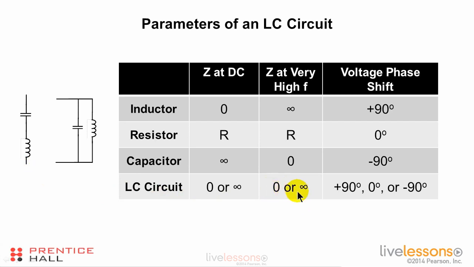The impedance at very high frequencies is either 0 or infinity, depending on whether we're talking about a parallel or a series LC circuit. And the voltage phase shift for an LC circuit is either plus 90 degrees or minus 90 degrees, or in a very special case, 0 degrees at a very special point we call the resonant point.